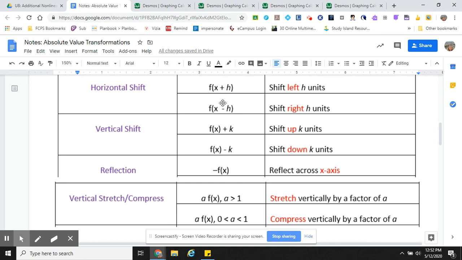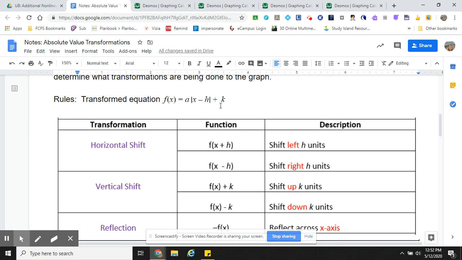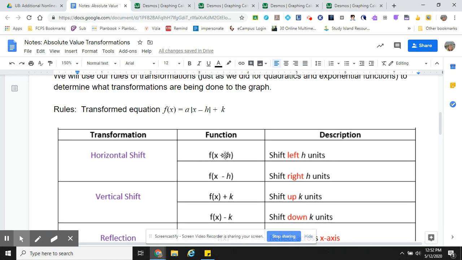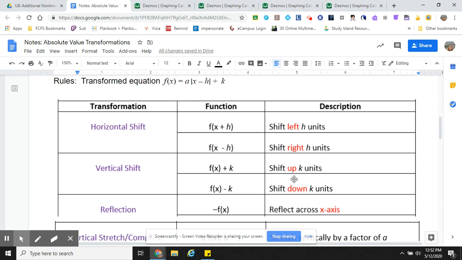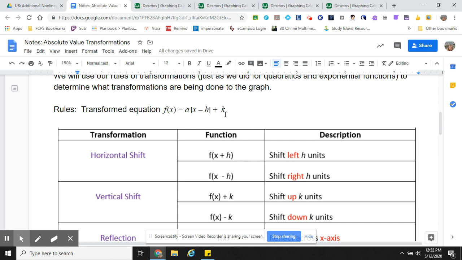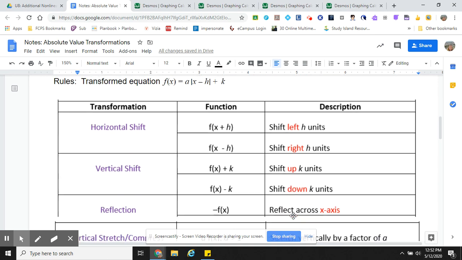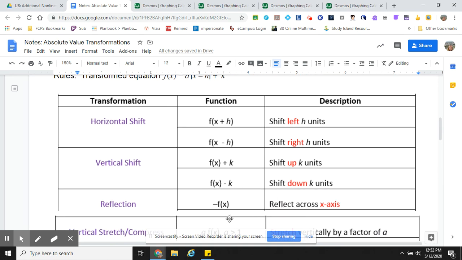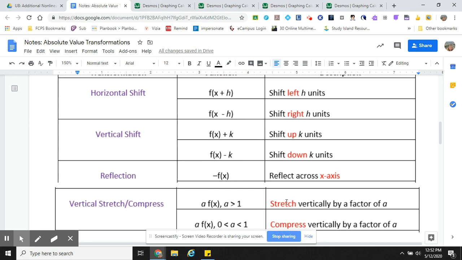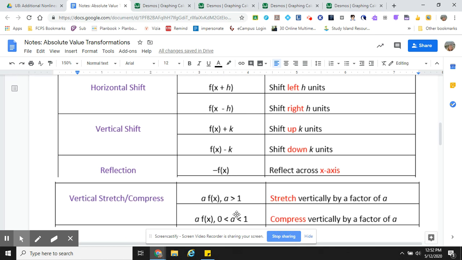So just to recap, inside the grouping symbol, in this case, those upright absolute value signs, inside is your left and right. Added at the end is your up and down. A negative in the very front is a reflection. And the number in the front, whether it's bigger than 1 or less than 1, is a stretch or compression, depending on whether it's a fraction or a whole number.